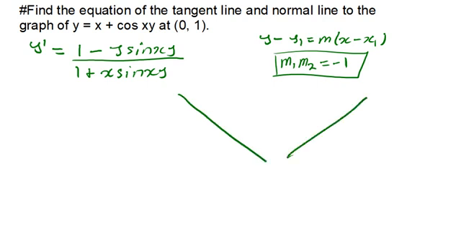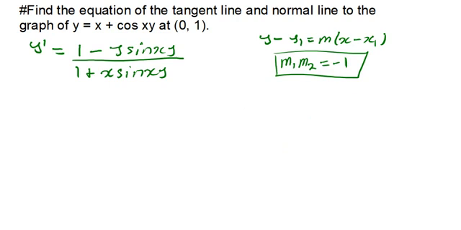Meaning if the gradient of the tangent is positive, then the gradient of the normal is negative. So when you find that the gradient is positive, and you want to find the equation of the normal, you need to make that gradient negative by using that formula. We really need to remember how to work around that.